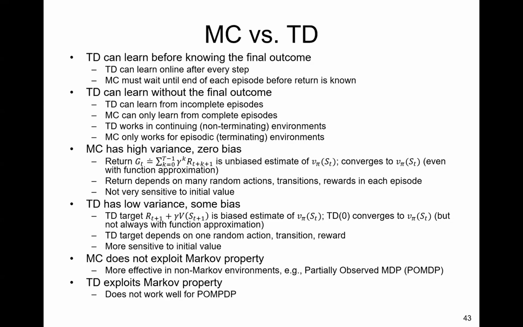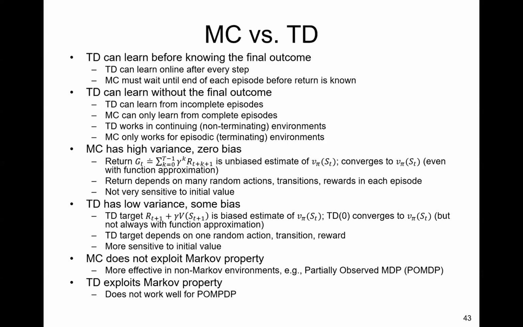It depends on many random actions, transitions, and rewards in each episode, which can be very long with many thousands of steps. That's why it has high variance across different episodes, so it affects the convergence.